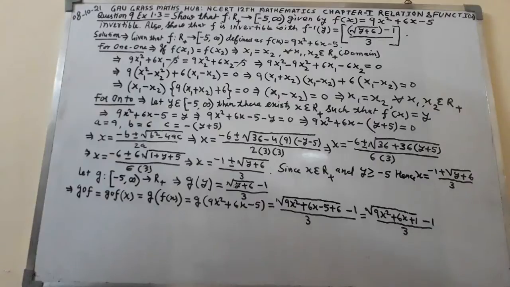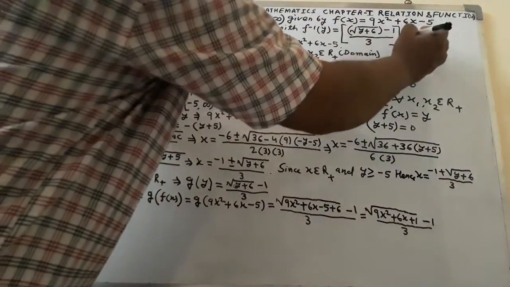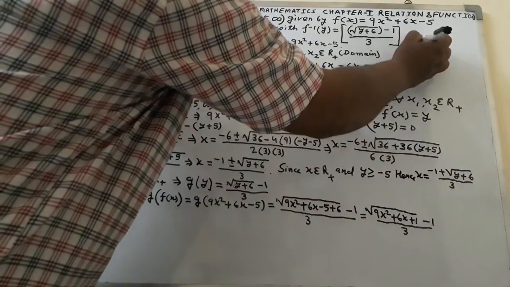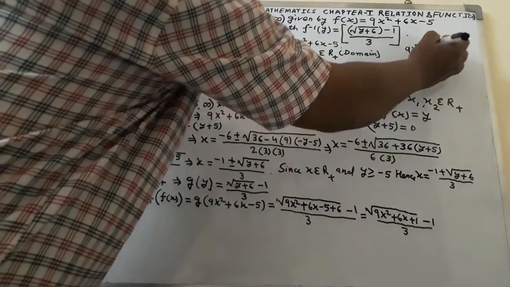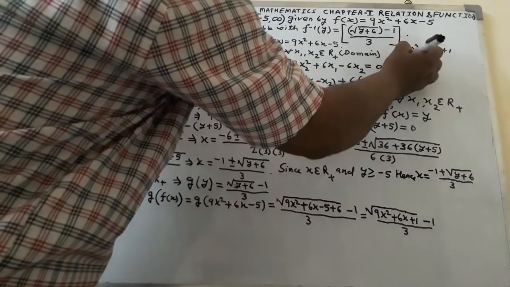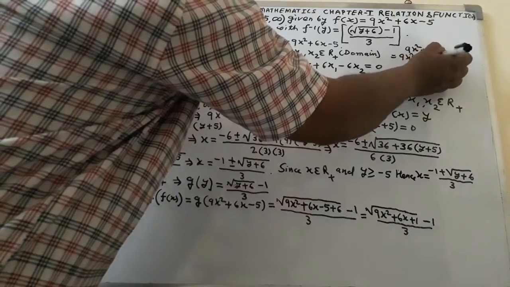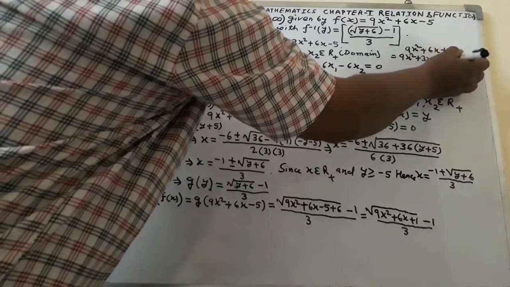Let us see what value we will get. So here I shall write, just factorize 9x square plus 6x plus 1. We will get 9x square plus 3x plus 3x plus 1.